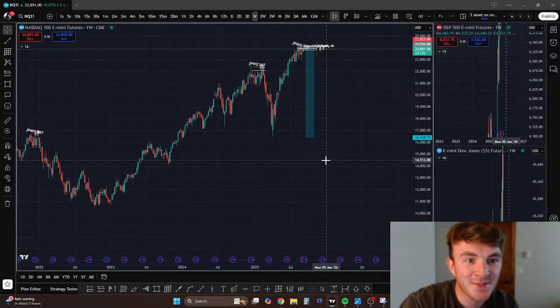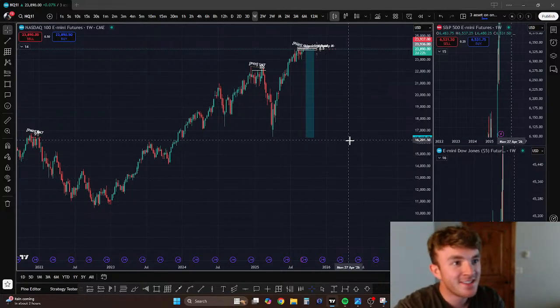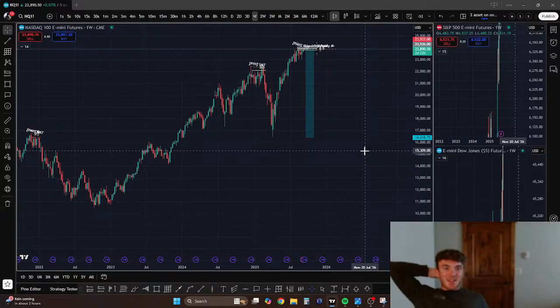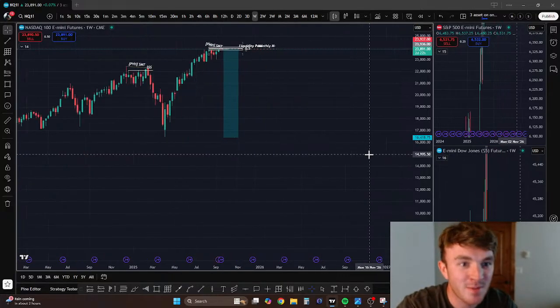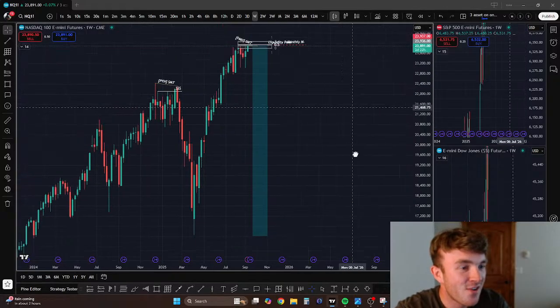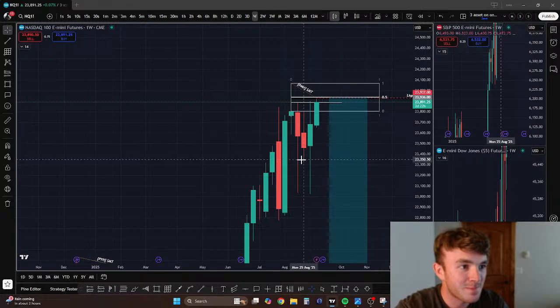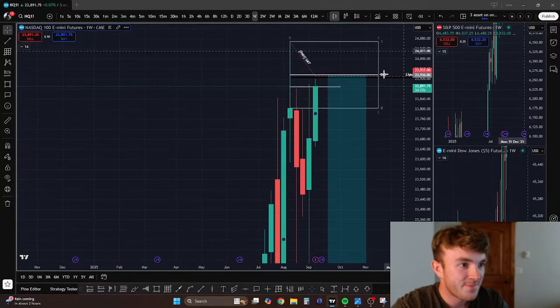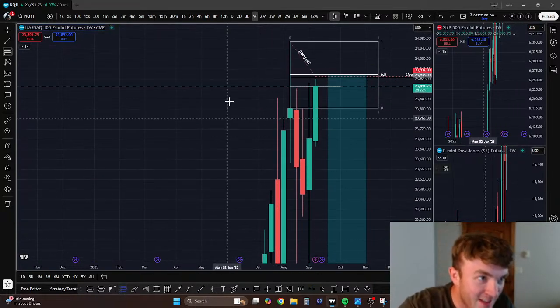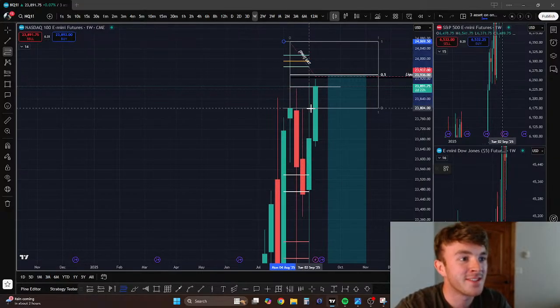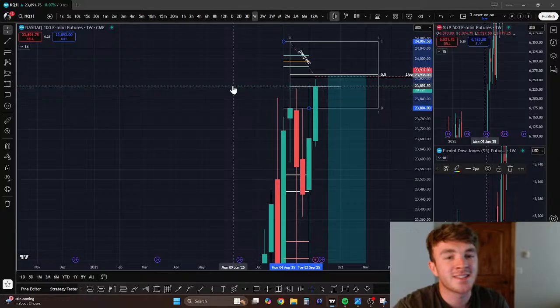Fib on the weekly wick of the weekly doji candle. Wait, you want me to pull a fib on it? Okay, I'm gonna pull a fib on it. I might do it. Like, what's the risk?